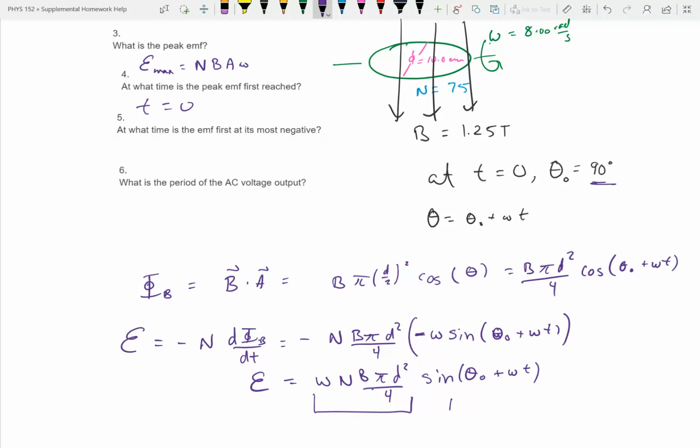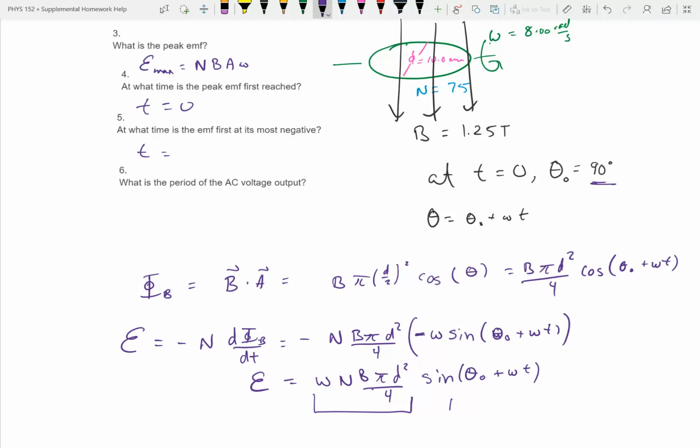At what time is EMF first at its most negative? Well, its most negative is going to be 90 degrees later, right? Yeah. And so the angle is equal to... I said 90 degrees, it's 180 degrees. Okay, right, 90 plus 90 goes the other way. So it'd be 180 degrees.